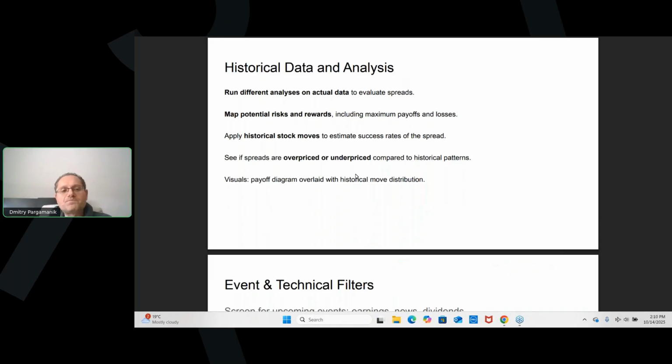We could also create visuals, but these are quick reference points to evaluate market prices. Because if you only look at market prices, it's hard to determine whether it's on the higher end or lower end of the historical range.